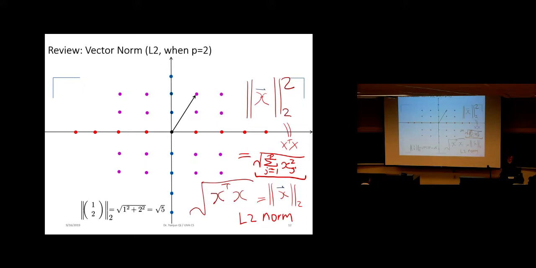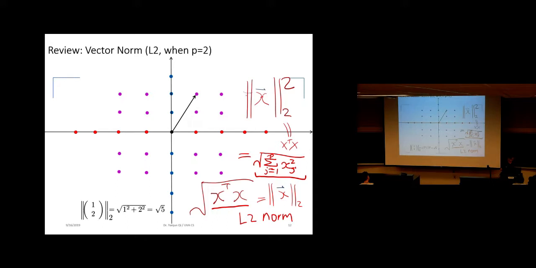So this part is exactly x transposition x, and then take a square root. Keep that in mind. You may wonder why you need to understand this, and it will be very clear in future slides.